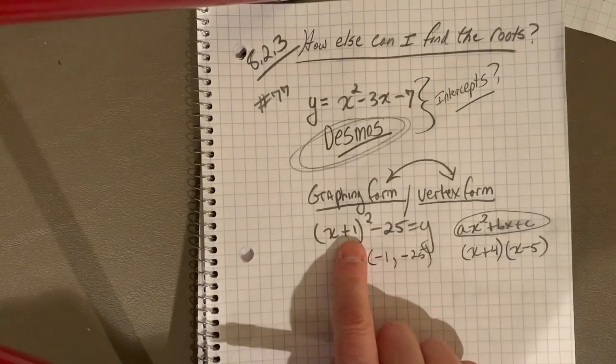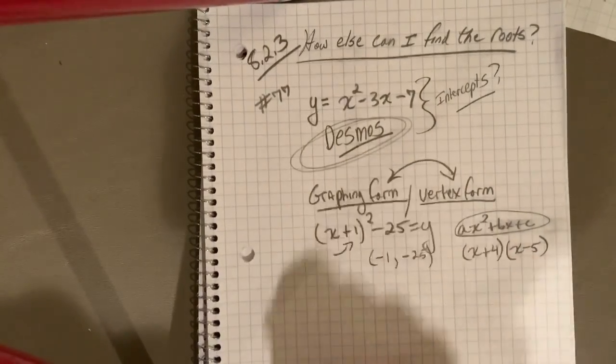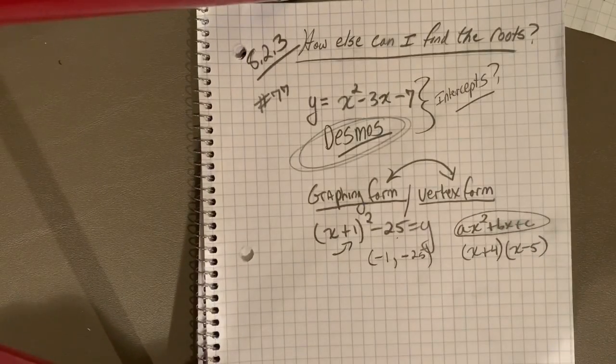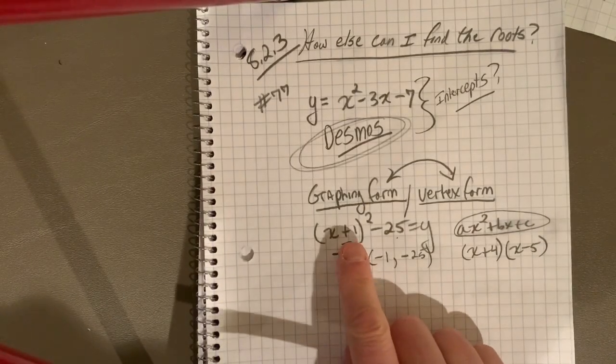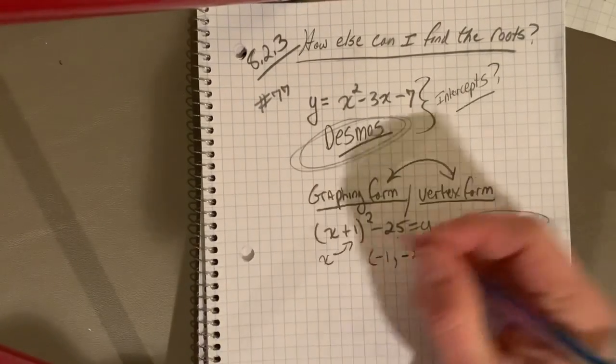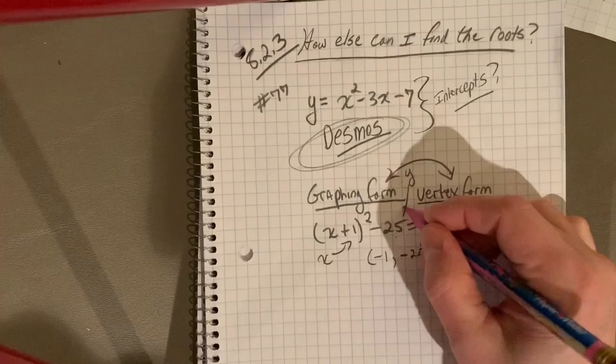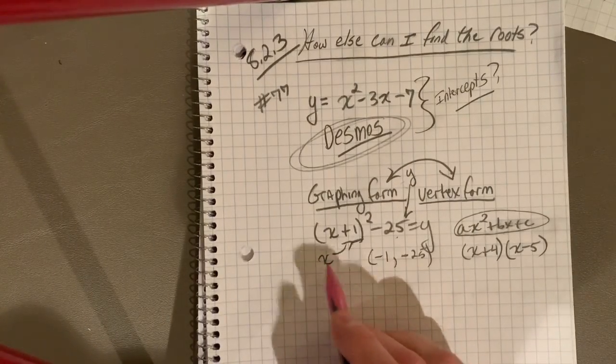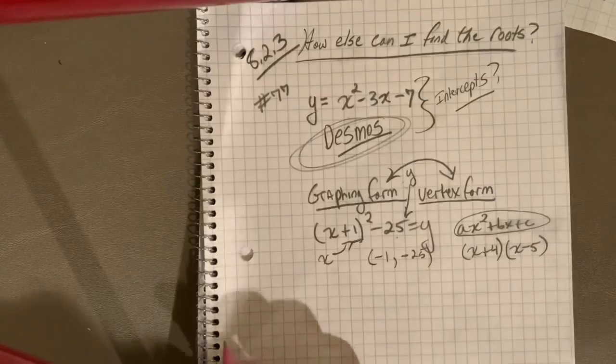You look inside the parentheses, and this is your x. You look outside the parentheses, and this is your y for the vertex. But keep in mind that the x needs to be the opposite. This is your x, this is your y over here, but this x, when you get it, has to be the opposite of what it is in parentheses.